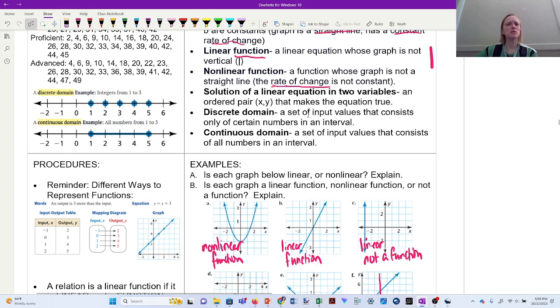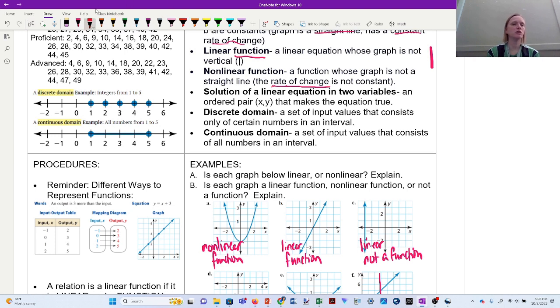Discrete domains are going to be input values that consist only of certain numbers. An example of this would be the story problem we're going to do together. It talks about buying tickets. You can buy 1 ticket, you can buy 2 tickets, you can buy 3 tickets, but you can't buy 1.5 tickets.